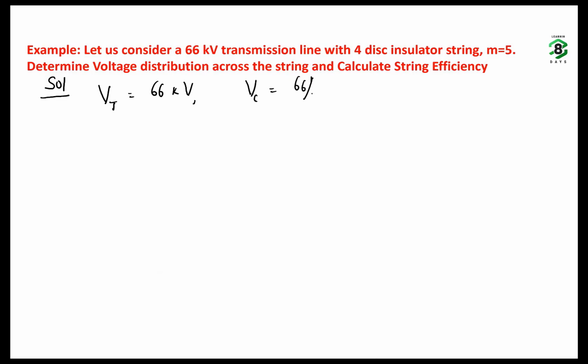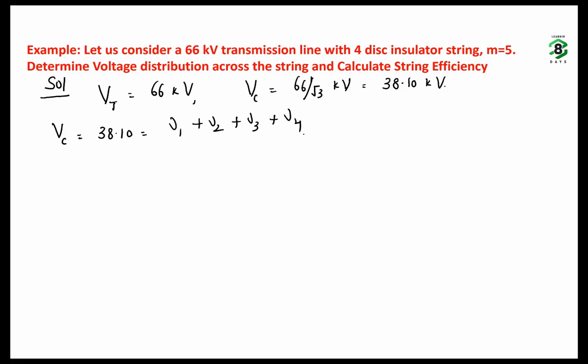It is the phase to neutral voltage, that will become 66 kV by root 3, which is 38.105 kV, about 38.10 kV. Now, how many disks are there in the string? 4. So 38.10 will be equal to small v1 plus small v2 plus small v3 plus small v4.